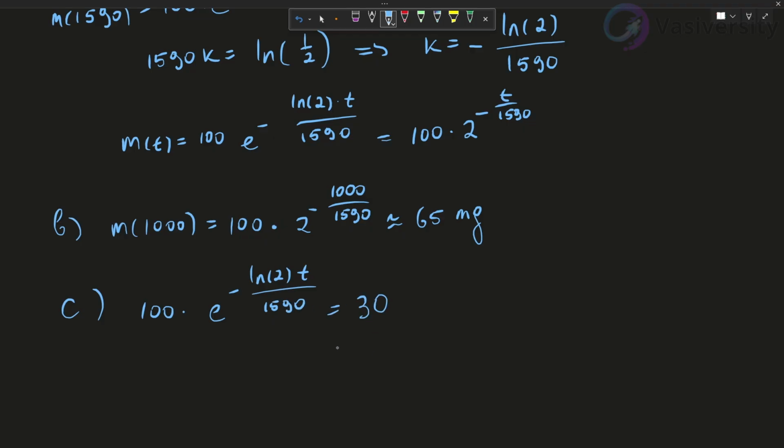So when does that happen? If we solve for t, it is negative 1,590 times ln of 0.3 over ln of 2, which is about 2,762 years by using the calculator. Okay, so essentially, that's when that will happen.